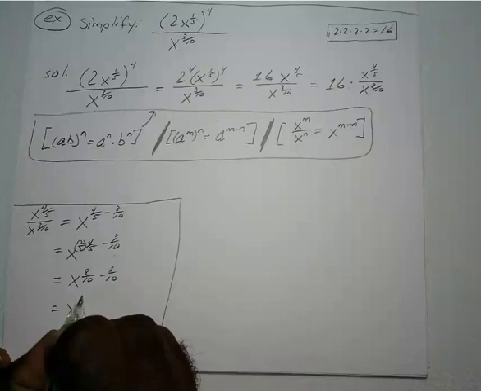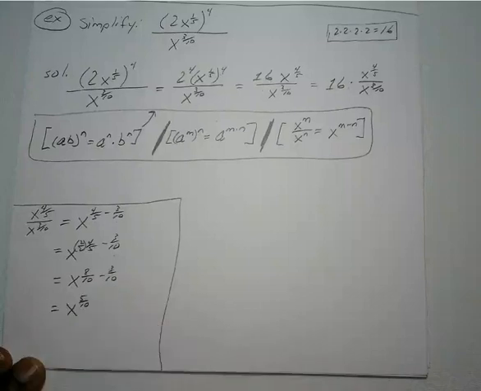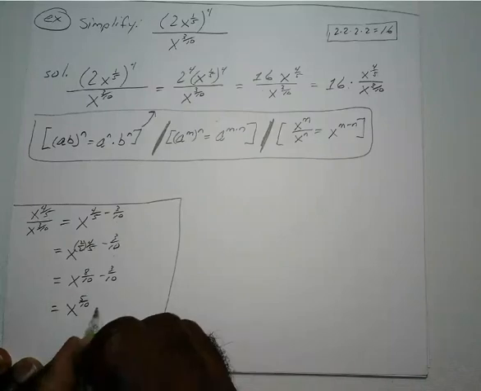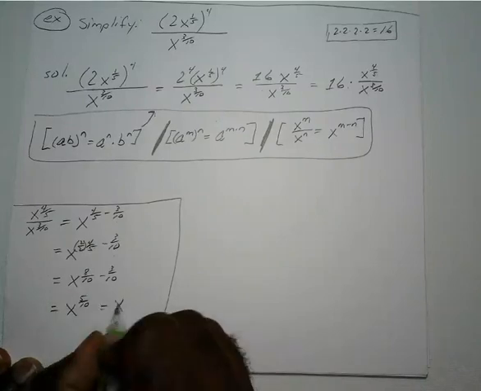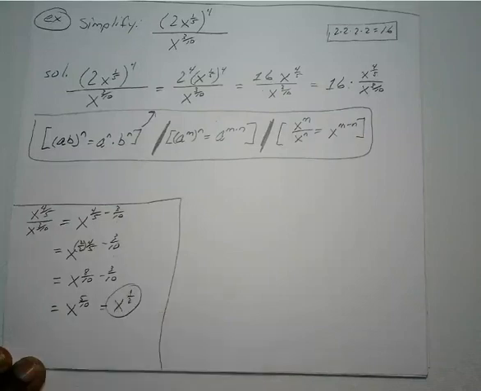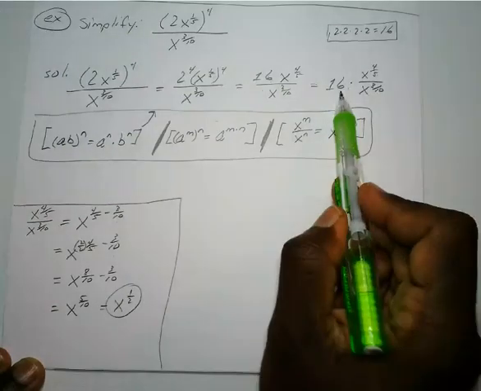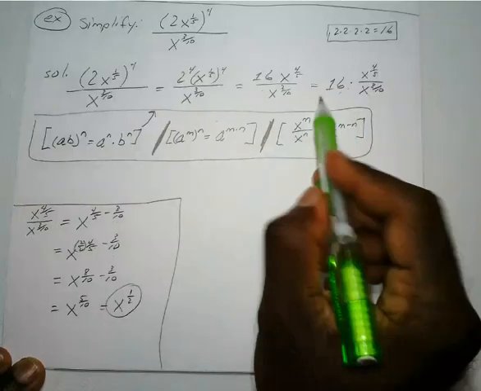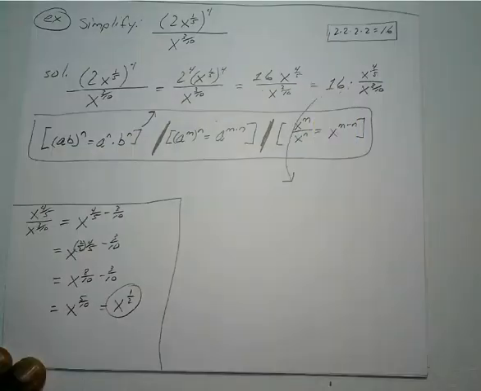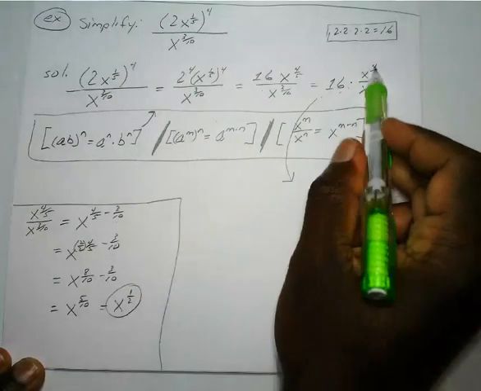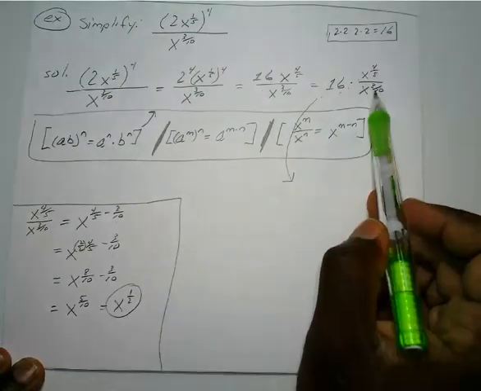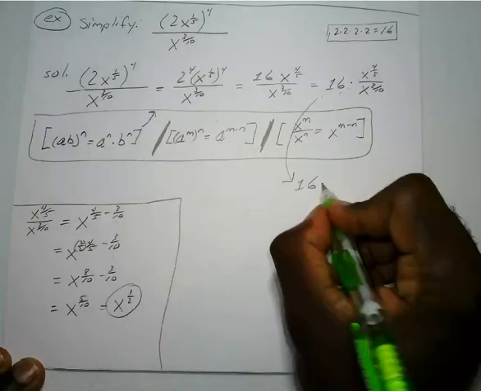So we have that x to the 1/2 power. Okay, so that means this, we're just going to bring that right down here. So x to the 4/5 divided by x to the 3/10 is x to the 1/2. So that's 16x to the 1/2 power. Okay, and that's your answer for that.